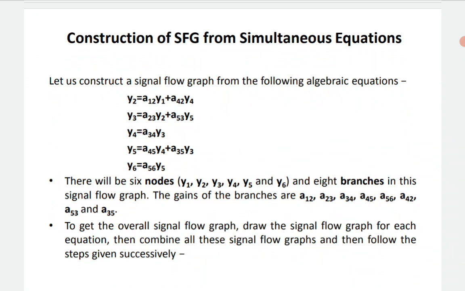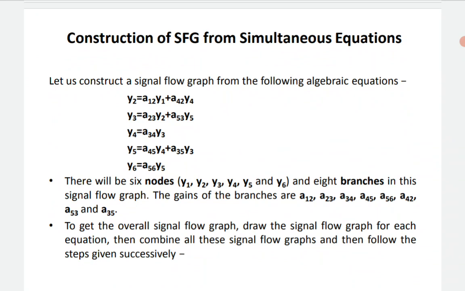There will be 6 nodes, obviously starting from y1 to y6, and the respective path gains are provided, that is a12, a23, a34, a45, a56, a42, a53 and a35.